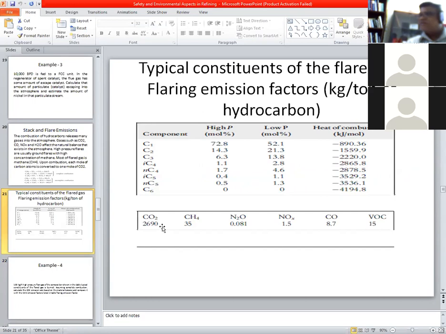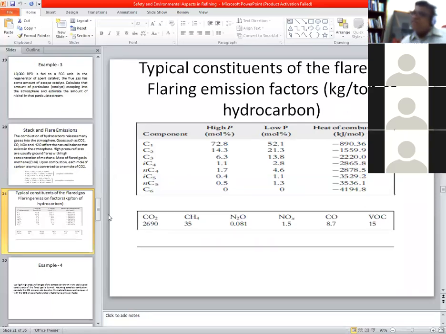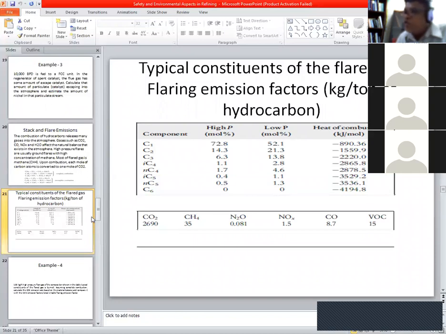Am I right? Ariana? Yes, doctor. Since the emission factor is given and you know the flow rate, can we calculate the emission rate? Ariana, just now I talked with you, please come again.